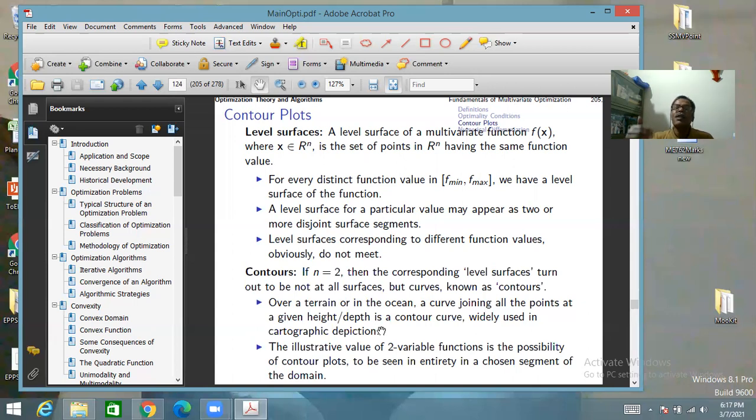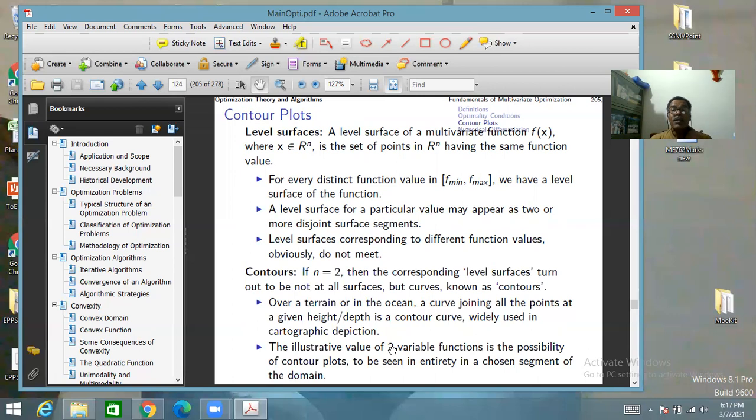For another function value, you get one or more, and so on. Okay. So, with all of those curves plotted on the single set of axes, what you get is a contour plot. That helps you to visualize the way the function behaves, the entire function profile over the entire domain in which you are interested.